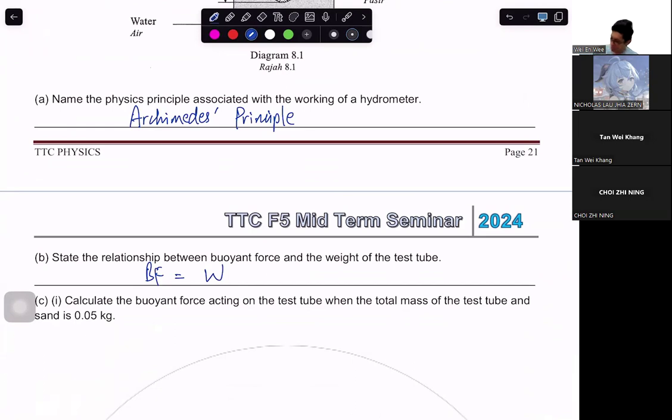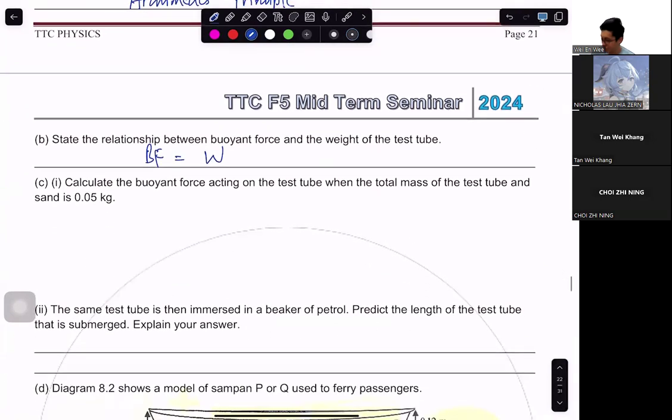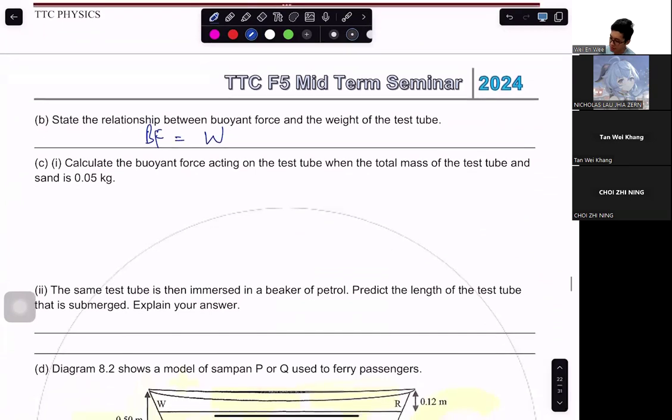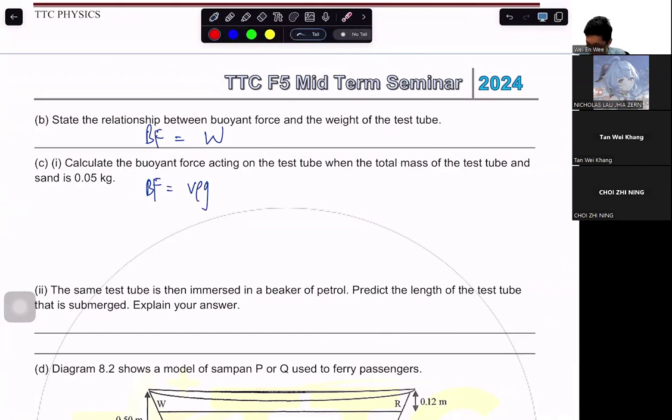Now calculate the buoyant force when the mass of the test tube and sand is 0.05 kg. Many people, when they see calculate the buoyant force, automatically think, oh, buoyant force is equal to V rho g, or rho Vg. But you don't jump there first, because what they gave you is the mass.